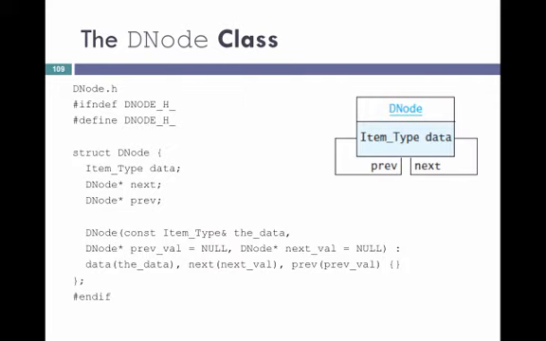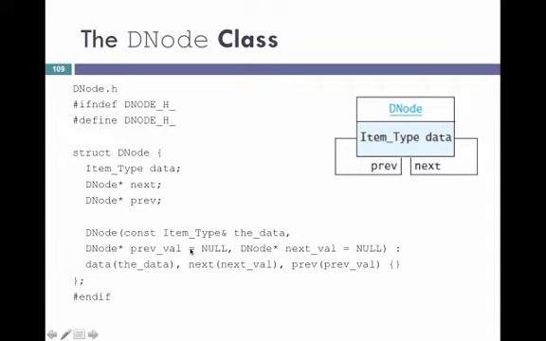Here's the DNode class. It's also a struct, just as node was. We can use it as a nested class in a list class, and we've added this previous data field, and then here's our constructor. Our constructor takes a data item, and it takes a previous value and next value, which are the backward pointer and the forward pointer in our list.